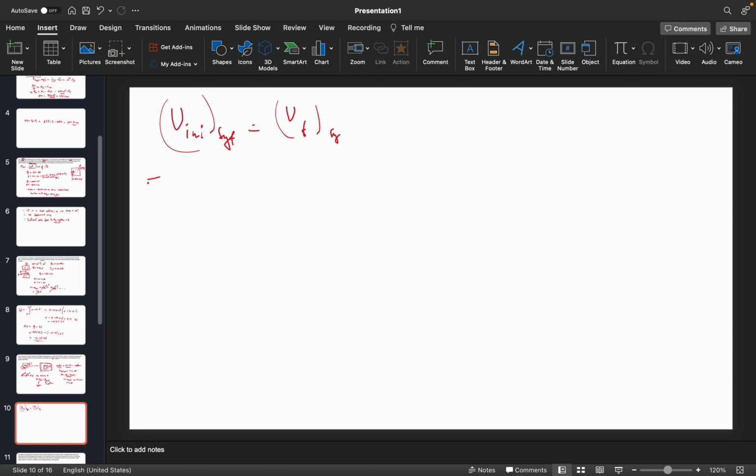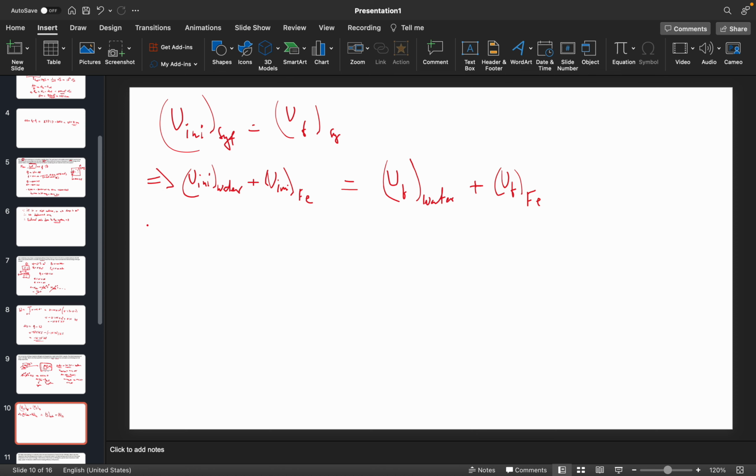Now, U initial of the system means U initial of water plus U initial of iron. Similarly, U final of water plus U final of iron.